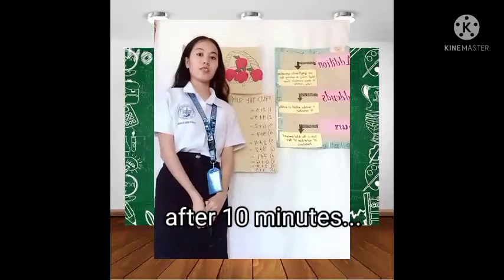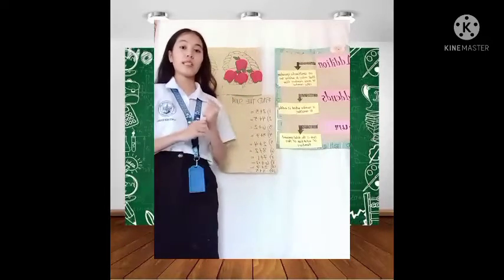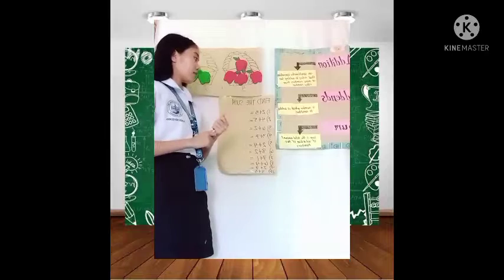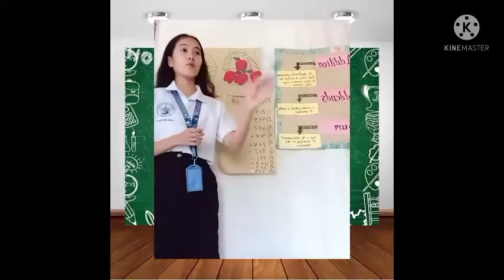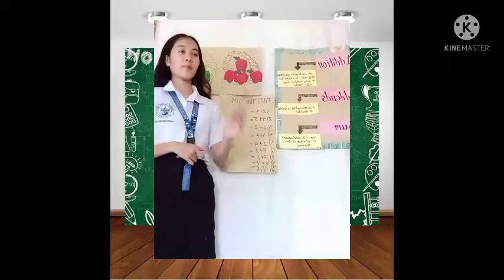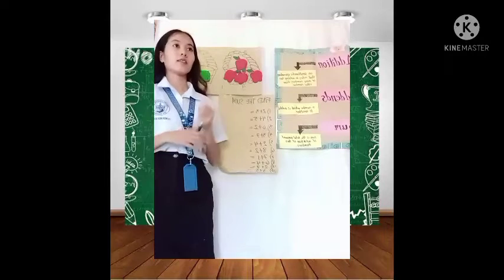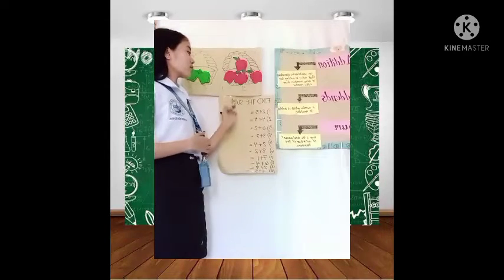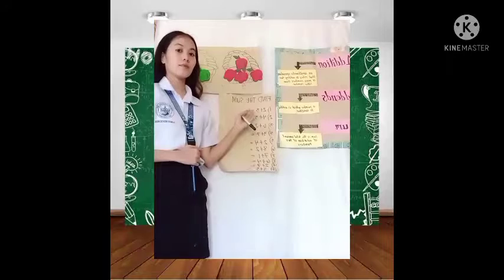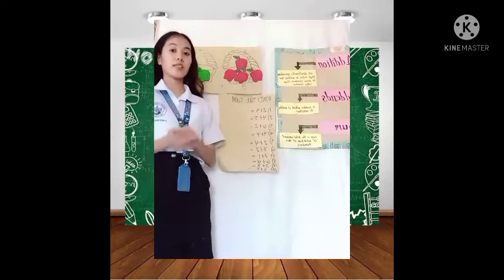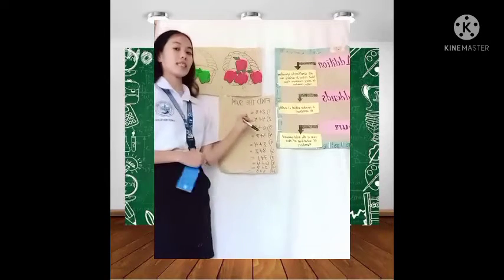Okay, are you finished? Okay, so now let's answer it one by one. So, the 2 groups should exchange their papers. Yes, thank you. So now, first equation. In the first item, 2 plus 3.